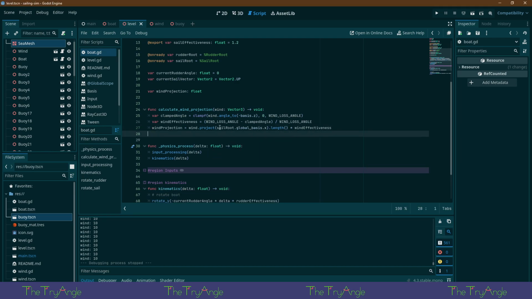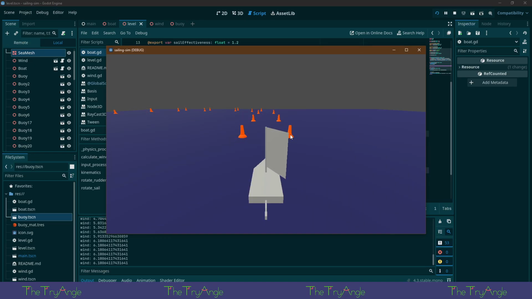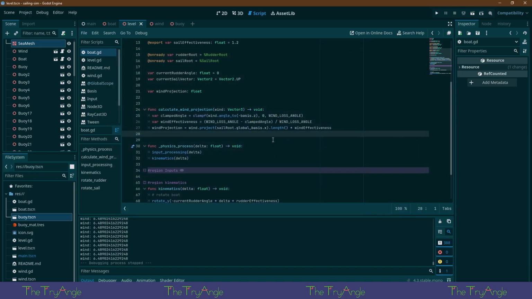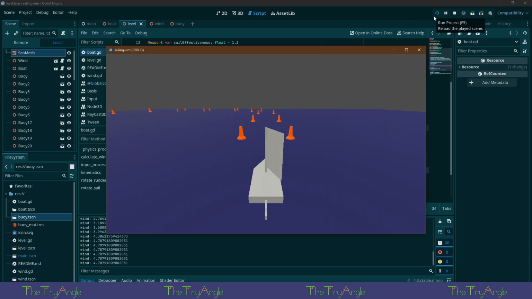Oof. Yeah, because we've got the x-axis of this. I wonder, let's just see. All right, it's working in the backwards direction. Let's try this again.